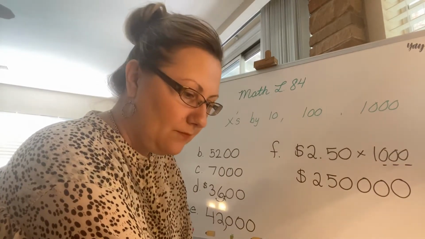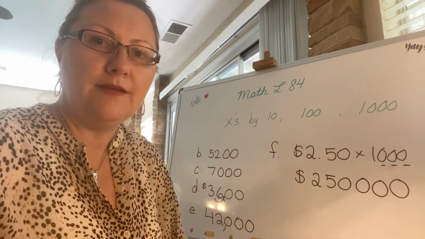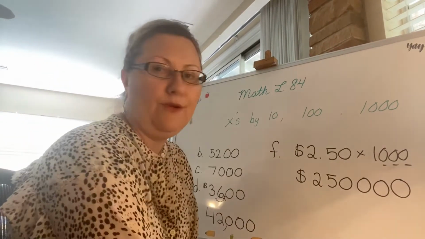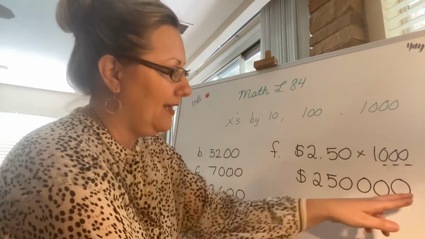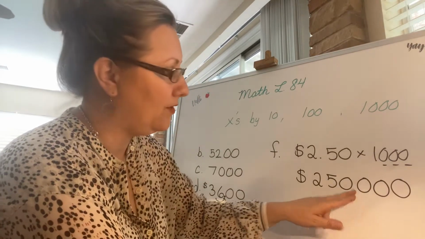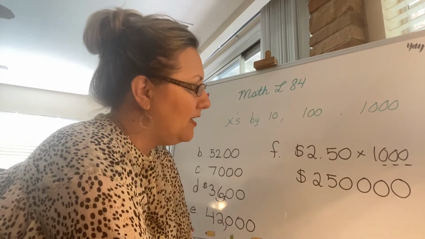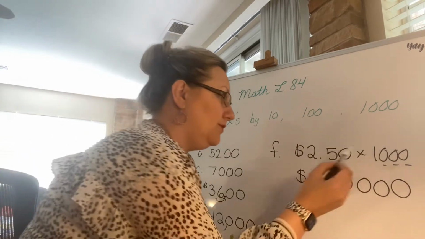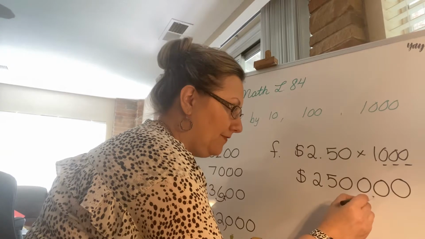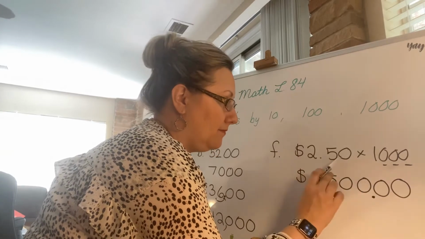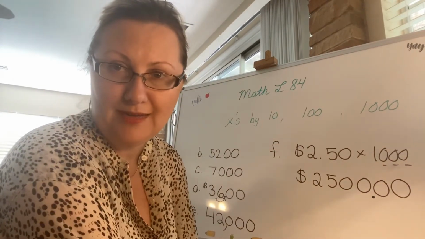All right. Once we've done that, we have to think, is this dollars and cents, or is this just a whole number and we need to count to find where the comma goes? No, this is clearly dollars and cents we're talking about. So what we're going to do is put the decimal right here, because there's 2 digits after a decimal in money.